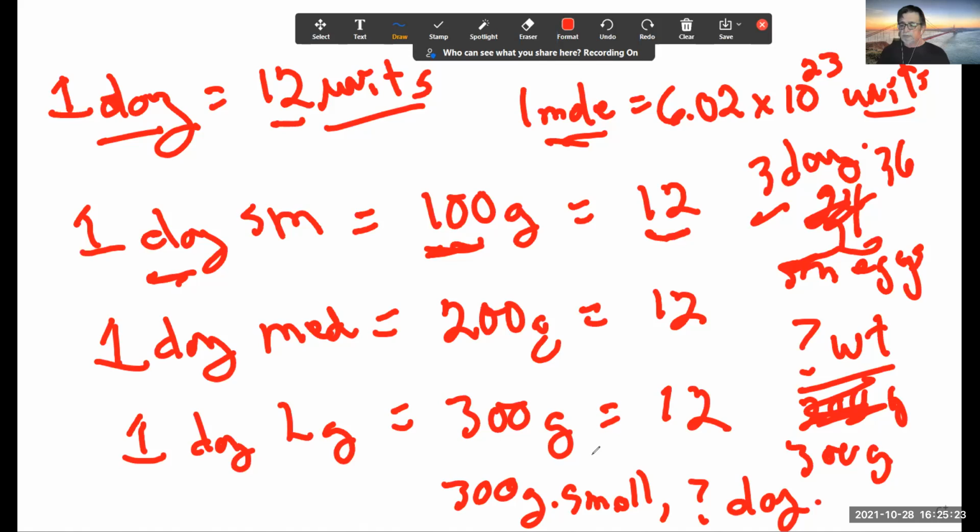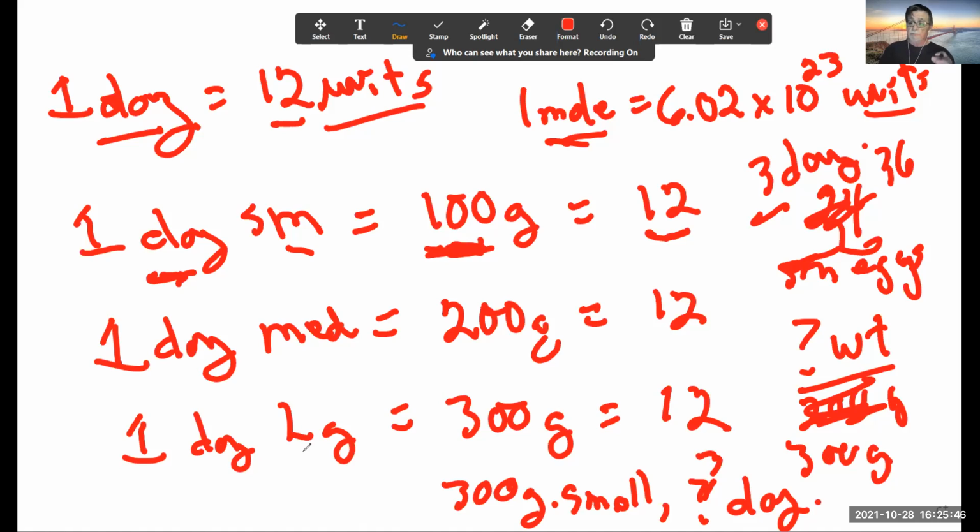So 300 grams of small eggs tells me that I must have 3 dozen, because I know that every 100 grams of small eggs is 1 dozen, and if I have 3 times that, then I must have 3 dozen. And I can do the same for medium and large and so forth.